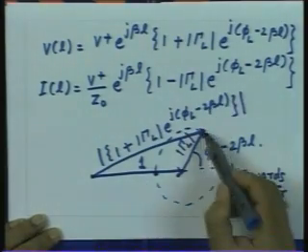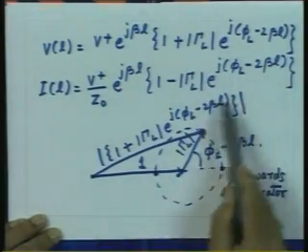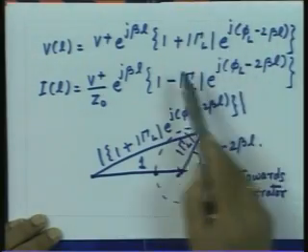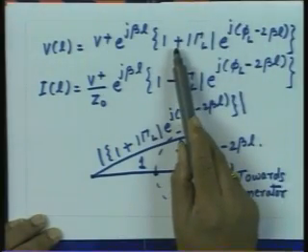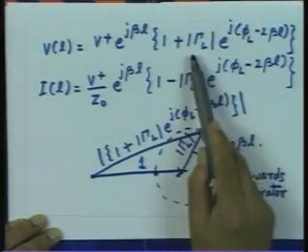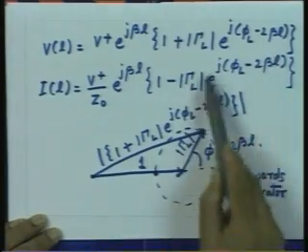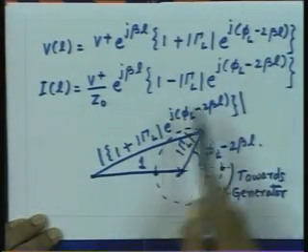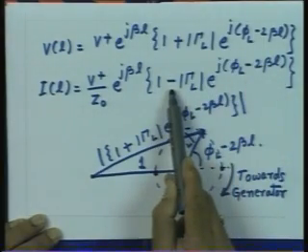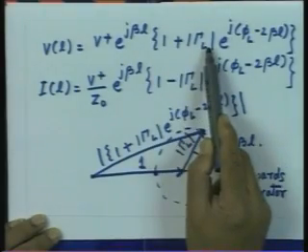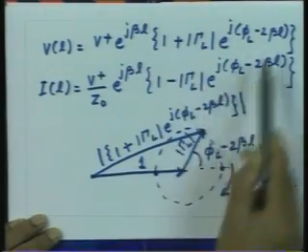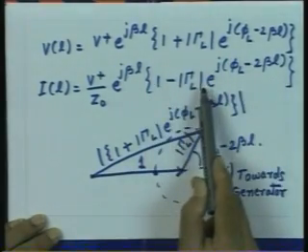So, the condition when this quantity is plus 1, the voltage will become maximum, but for the current there is a minus sign here. So, when this quantity goes maximum, at the same location L, this quantity will go minimum.